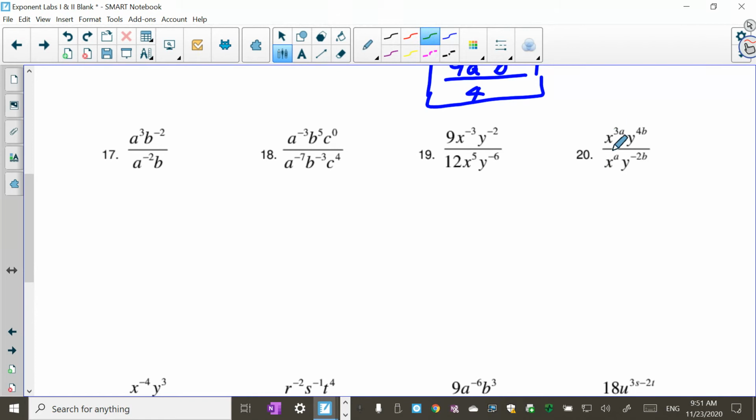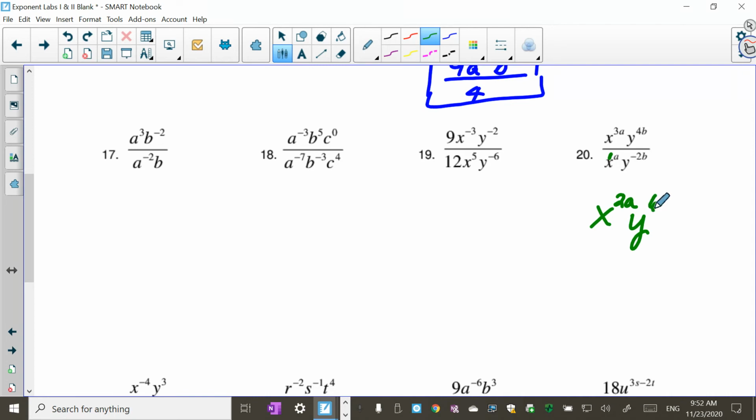20, same base. If you want to put a 1 in front of that A, you can. If I have the same base, you're going to subtract. So if I have 3 A's and take away an A, it's 2A. Okay. And then I'm going to take my Y's. I have 4B's minus a negative 2B. So that's going to be 4B plus 2B.